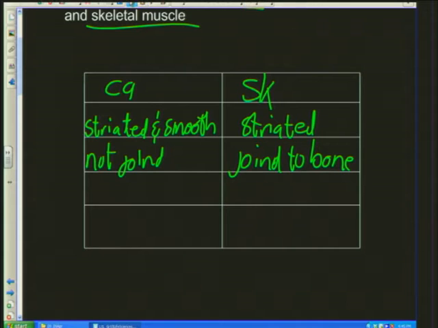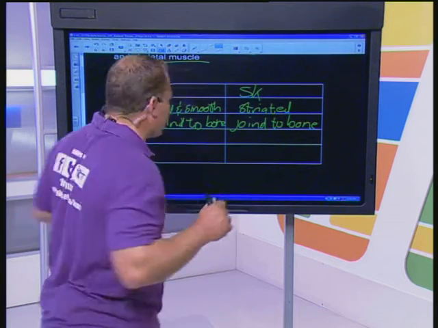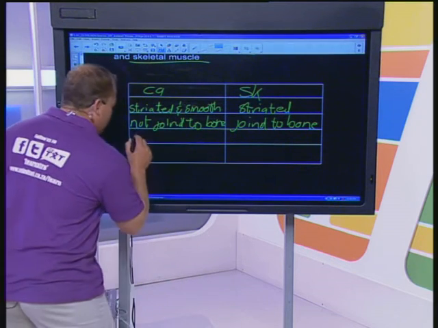I should become a doctor. Right, that's the way to do it. Not joined to bone. Simple. Then, what else can you think about it? What else does it work? Okay, so this is voluntary.